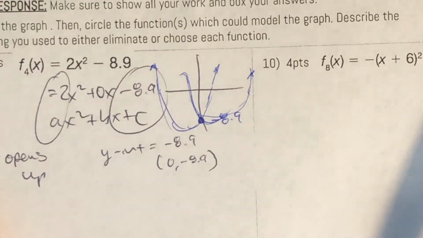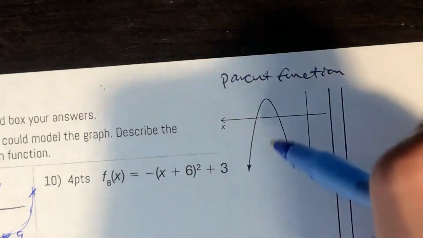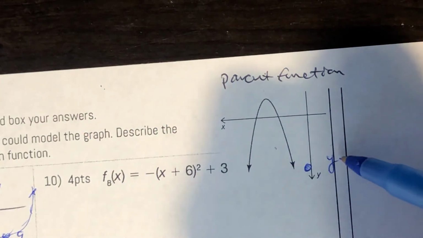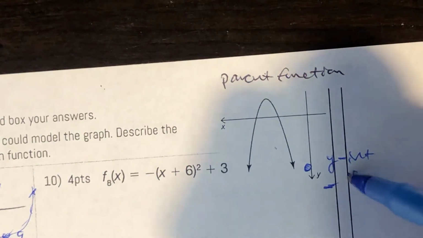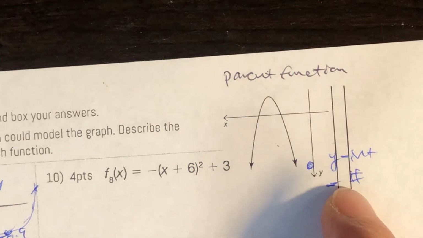Well, the parent graph has a y-intercept. We don't know, but it is a negative number, which matches our y-intercept. But this graph is pointing down, so let's write that.